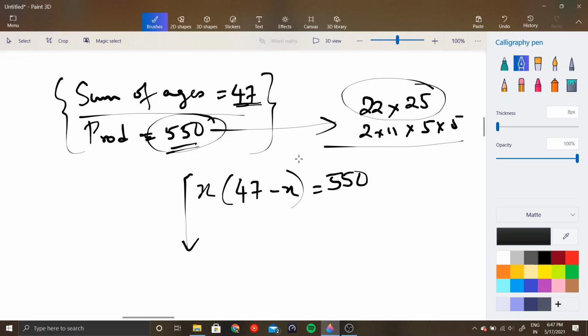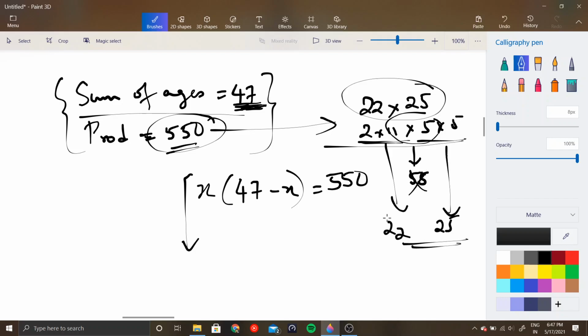Check which combinations give the sum 47. If you take 11 and 5, the sum is 55, which already exceeds, so you can't take this. Group 11 with 2, that is 22, and group 5 with 5, that is 25. Their sum is 47 and their product is 550. You have solved the problem. If you want to solve it in the classical way, solve this equation and get the answer.